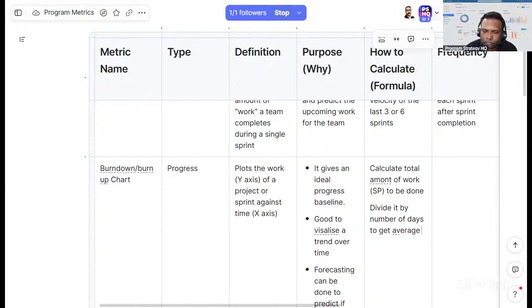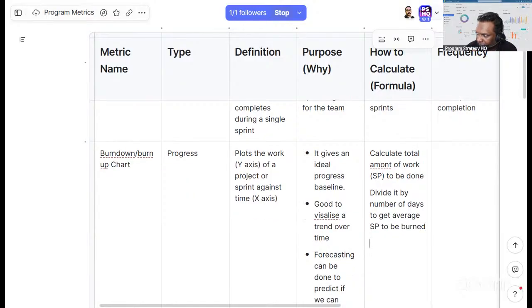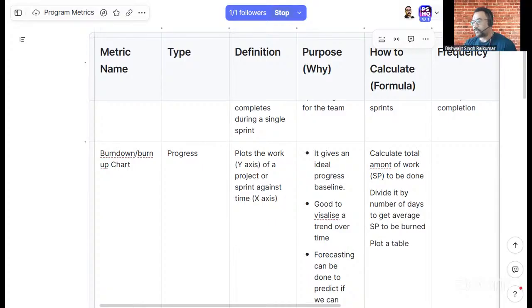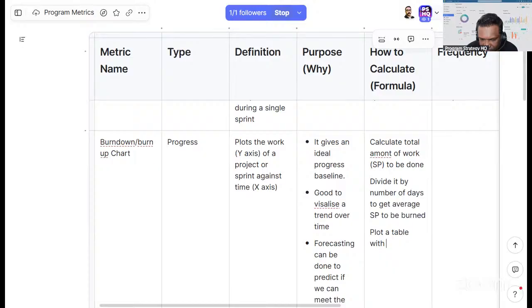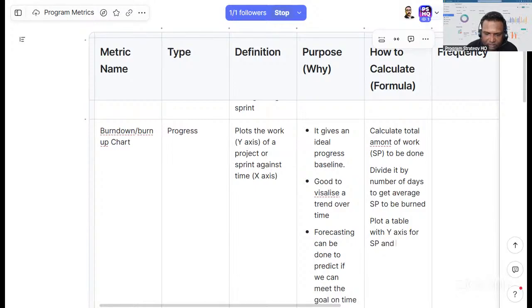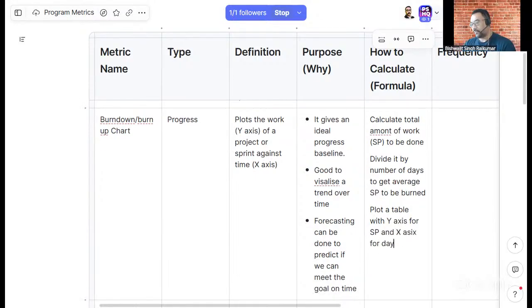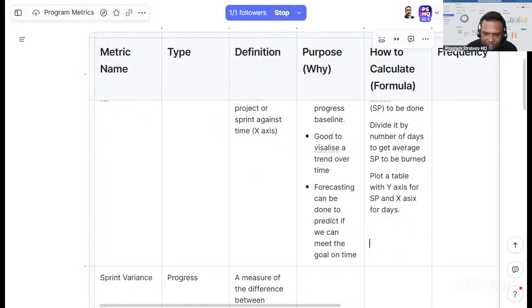Then once we get that, plot a table with the y-axis for story points and the x-axis for days, time.